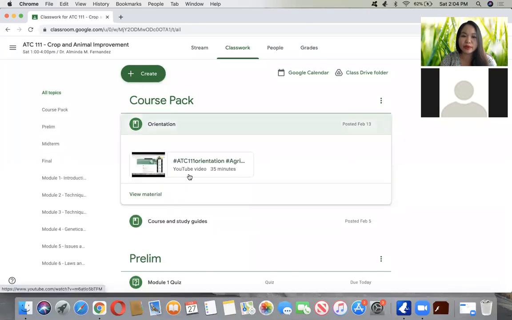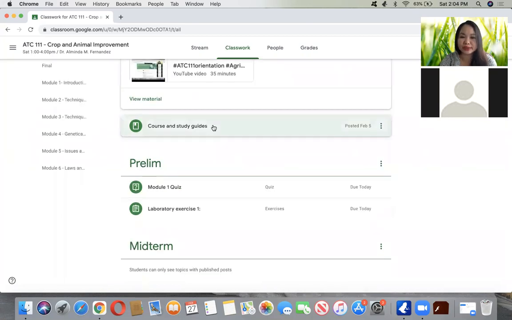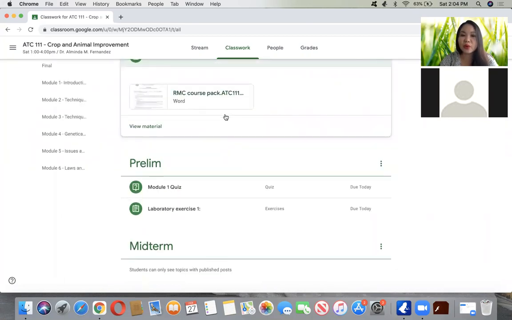Okay, ma'am, just look under the course tab for the orientation. We have recorded videos regarding how to use Google Classroom, the requirements, and the course guide. So always look for the course guide here for the whole subject and the whole semester. You can see everything here.